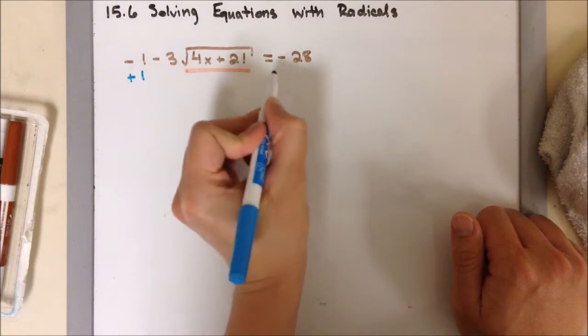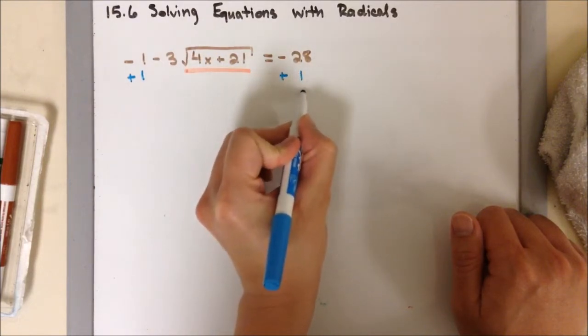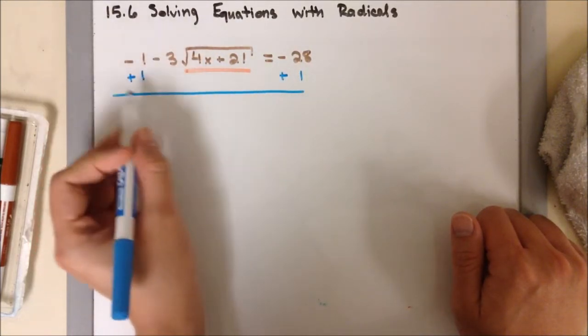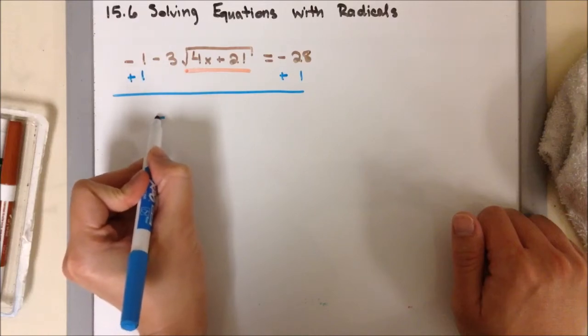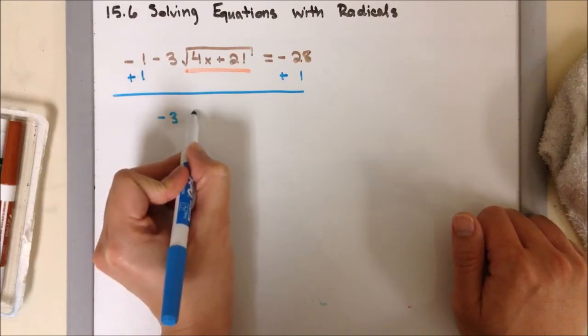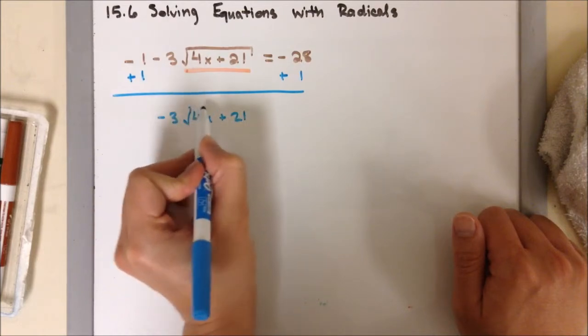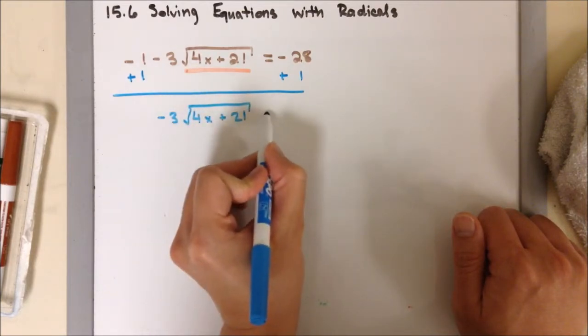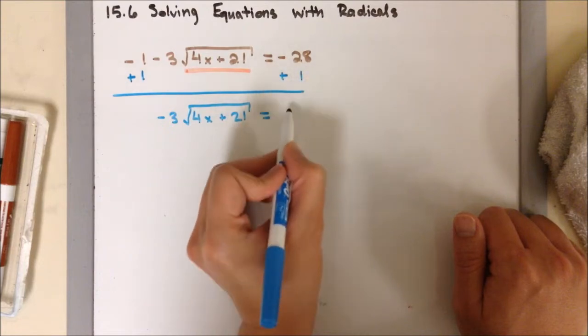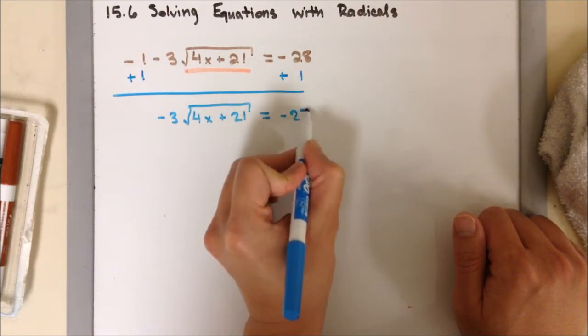I add 1 to the left side, add 1 to the right side. The ones cancel out, so I'm left with -3 times the square root of 4x plus 21 equals -28 plus 1, which is -27.